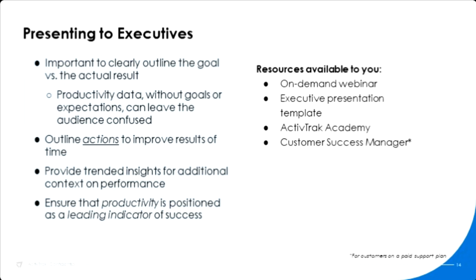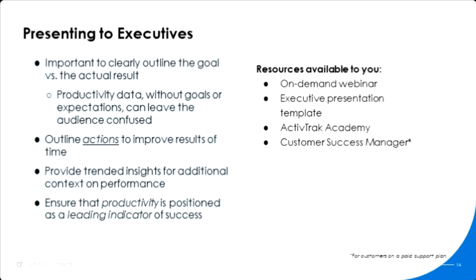It's helpful over time that you look at trended data so that you can see improvement. And it's also helpful to make sure that you're constantly positioning our insights as a leading indicator of success. When people are increasing their effort on those core activities, this is a leading indicator to the results that your executives want to see.